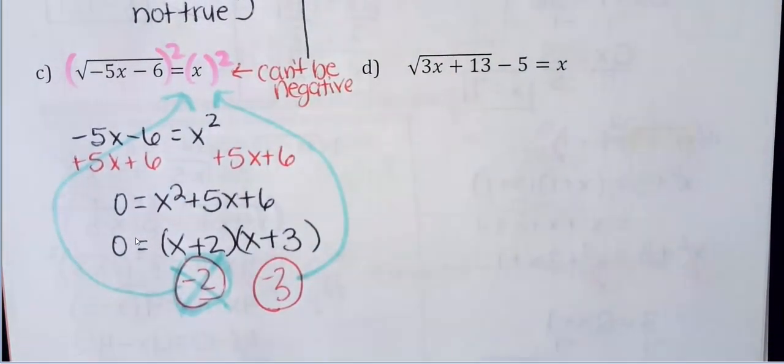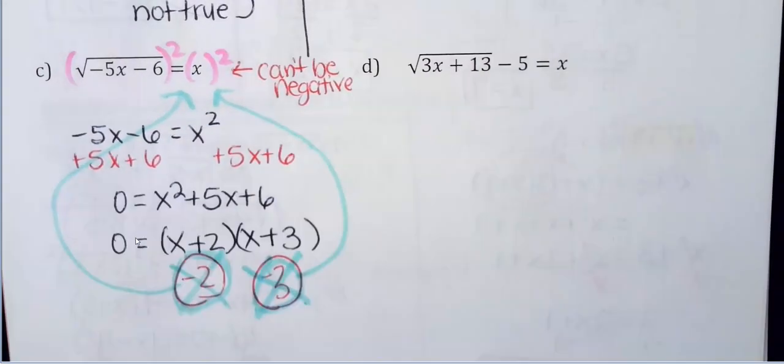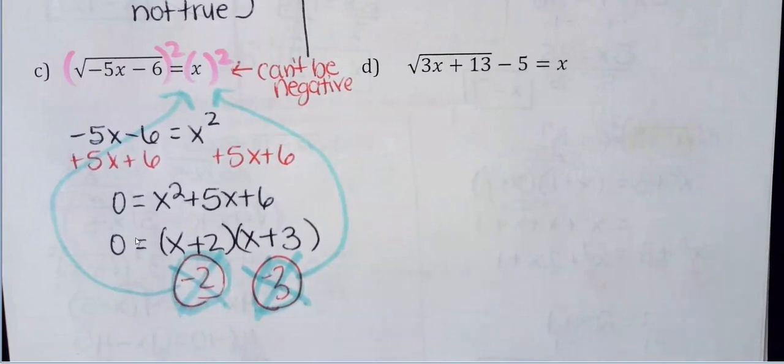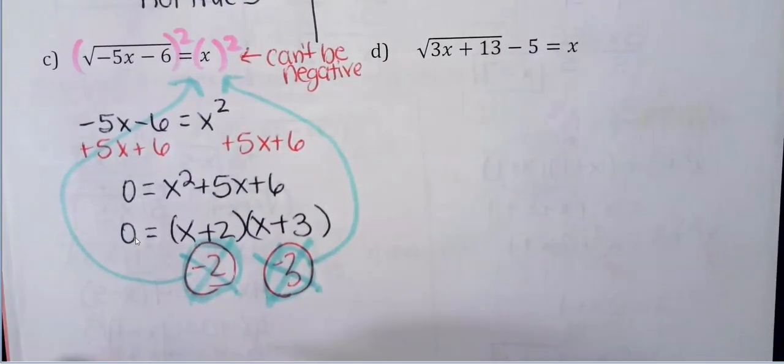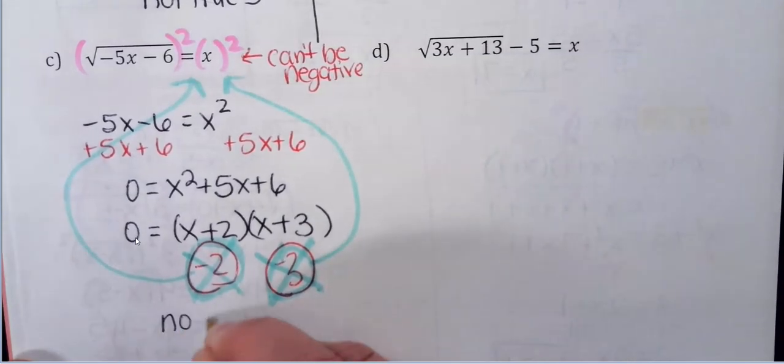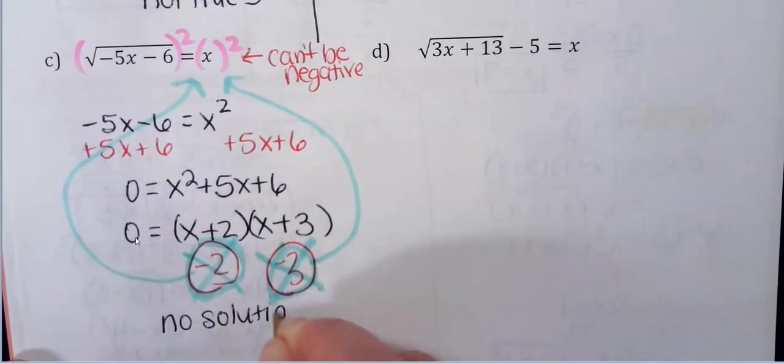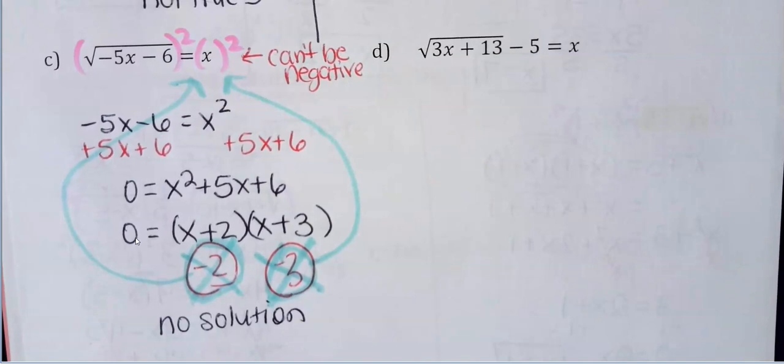Both of my answers were negative. Since that was just equal to x, neither one of these can work. We did all the algebra right, but it's just because we squared both sides. You got that potential for that solution that doesn't work. So this is going to be no solution. Neither one of our options worked there. So the question we just did, one worked and one didn't. This one, neither one of them worked.